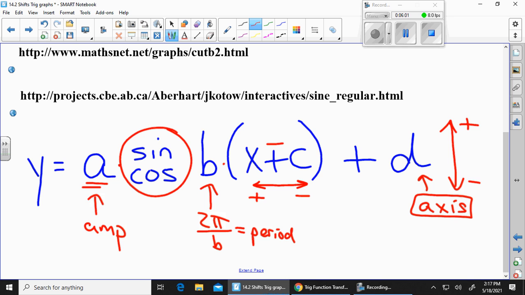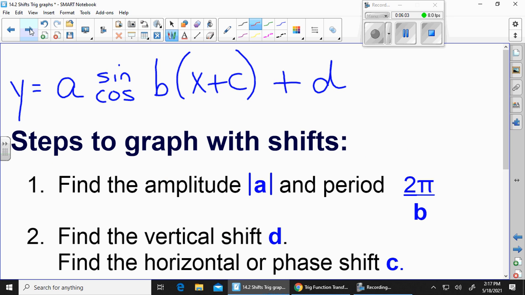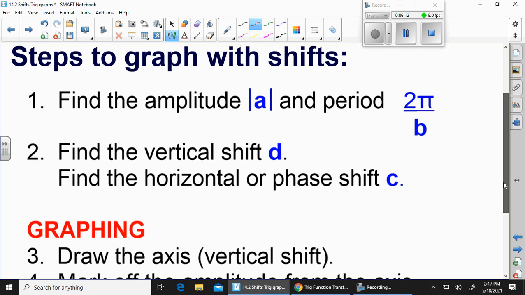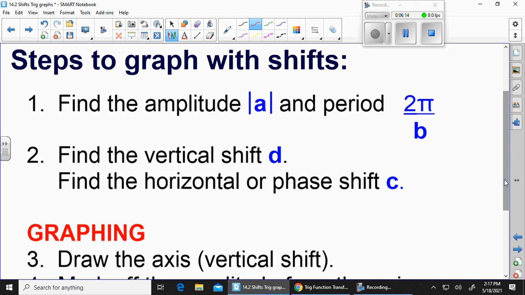These steps are on your paper, so you don't have to write them. I tell you to go through, look at your equation, find the amplitude, find the period.